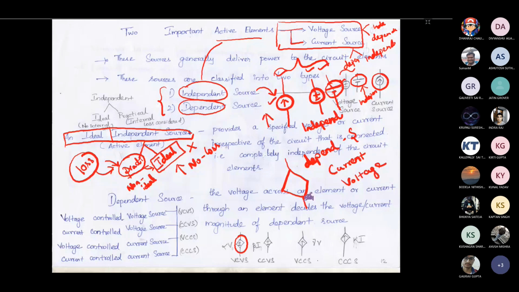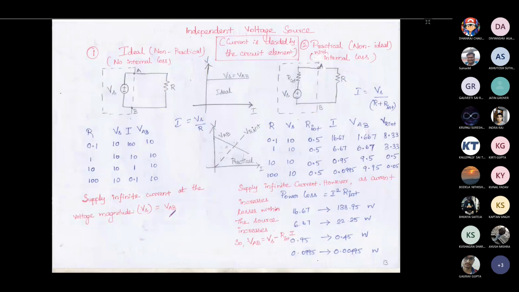A dependent voltage source has plus and minus, and a dependent current source has an arrow mark within the diamond symbol. Actually, these are not essential for your laboratory; you will use them only in your subject, not in the laboratory. So we have seen the symbols of dependent and independent sources. We will see the individual ones in the next slide.